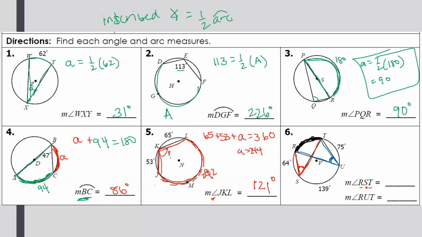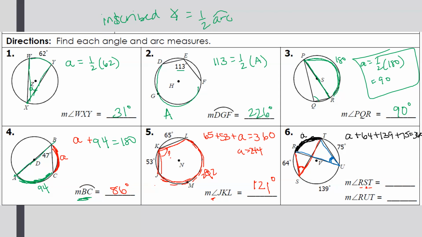We know that all the arcs in a circle have to add up to 360, and the black arc is really the only one that's missing. I'm going to call it lowercase a. You can call it whatever variable you want, but we know that the black arc, the 64-degree arc, the 139, and the 75 all have to add up to 360. So we're just going to figure out what is the measure of that missing arc. 360 minus 64 minus 139 minus 75.